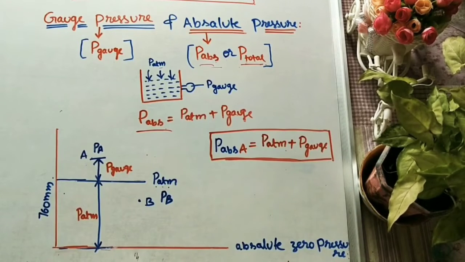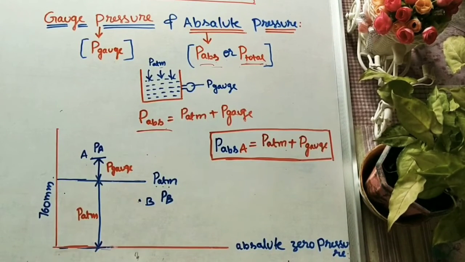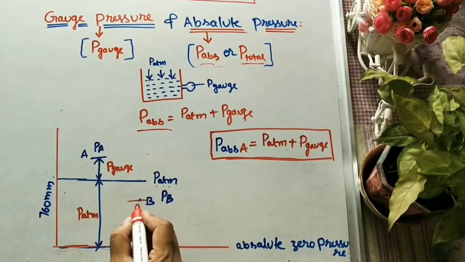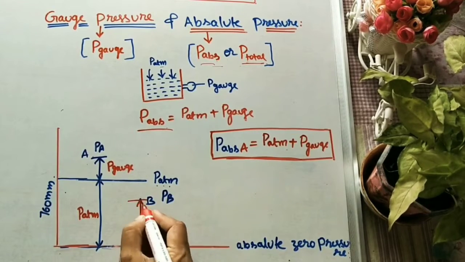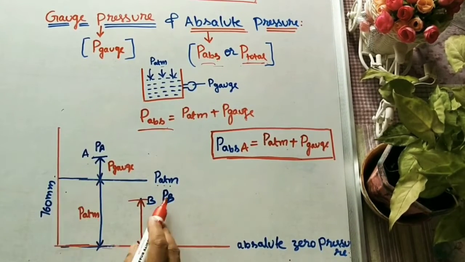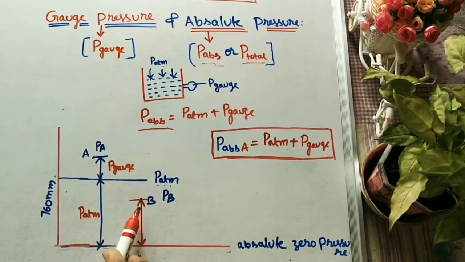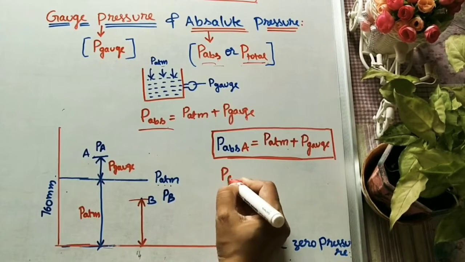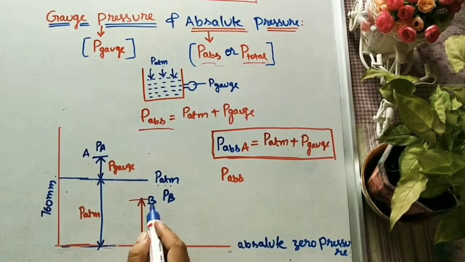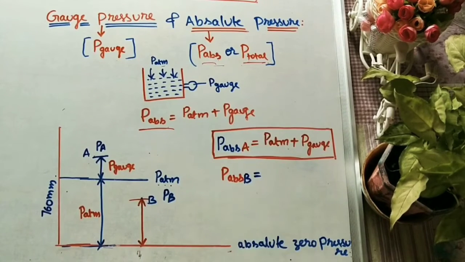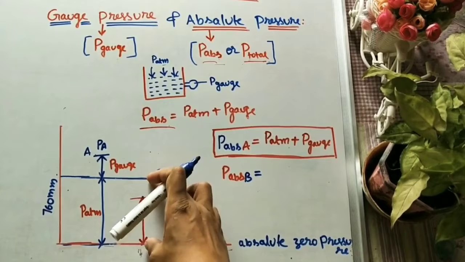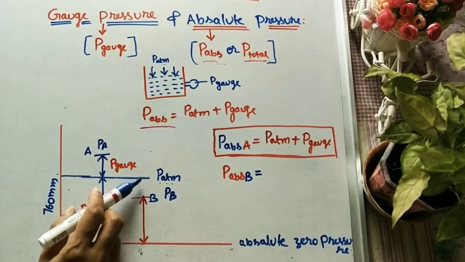Now I am taking B point here, which is less than atmospheric pressure. For finding this pressure, from the reference line we are taking both A and B. It is called total pressure. P total or P absolute at B point is equal to P atmospheric minus this value.